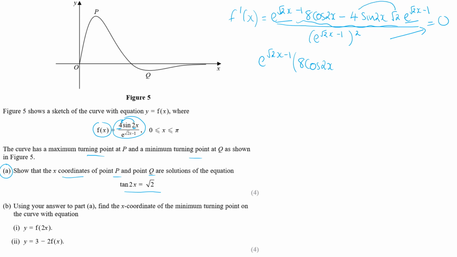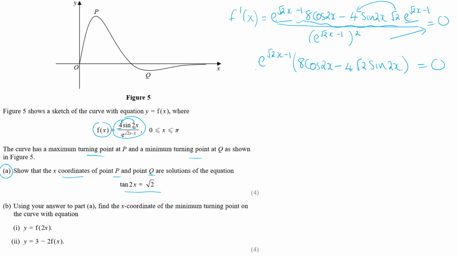This root 2 can come in times by the 4, so it'll be minus 4 root 2 sine 2x equal to 0. I've cross multiplied and got rid of that denominator, and now the f dash x is only going to equal 0 when that numerator equals 0.